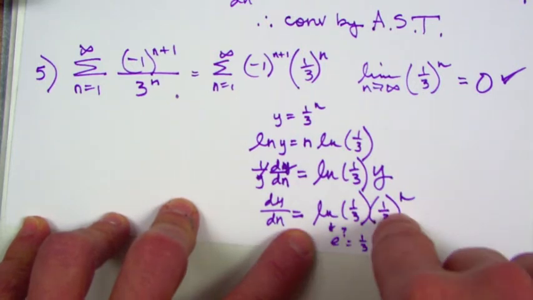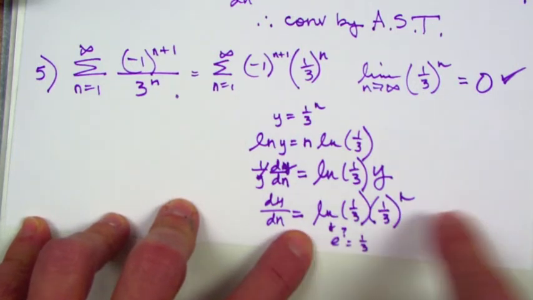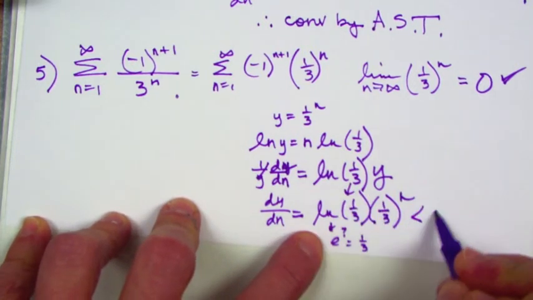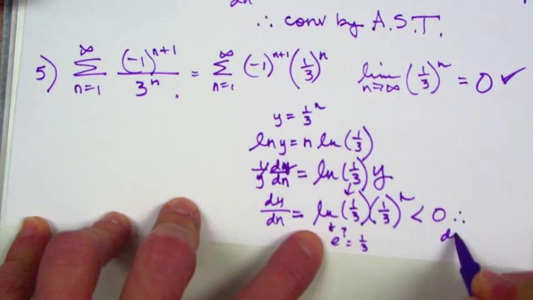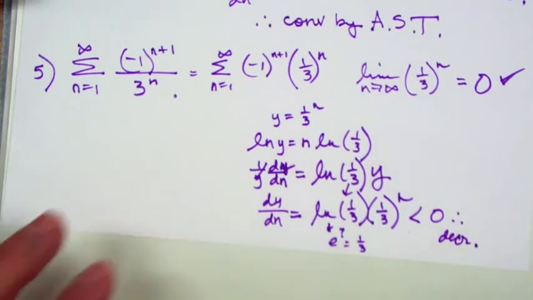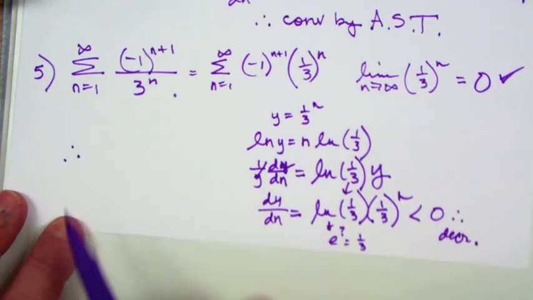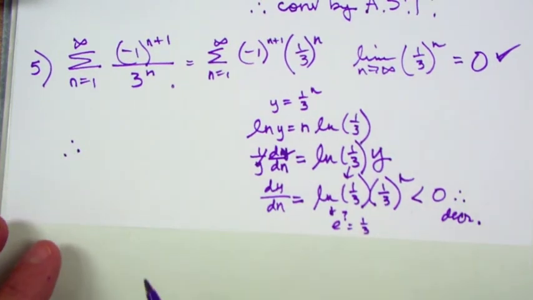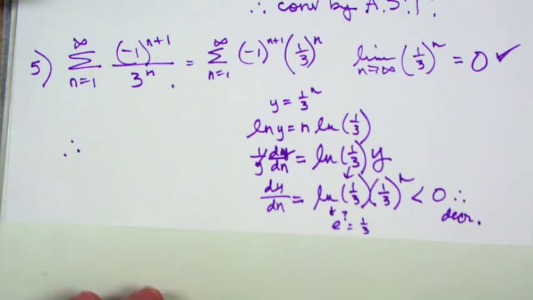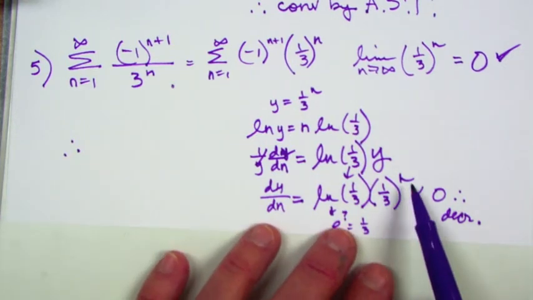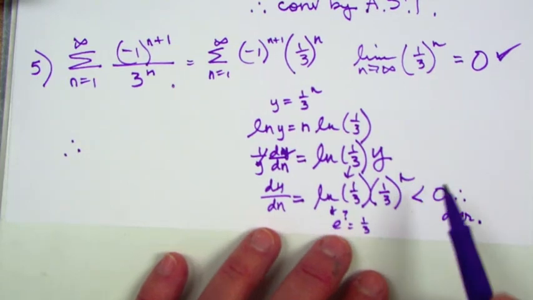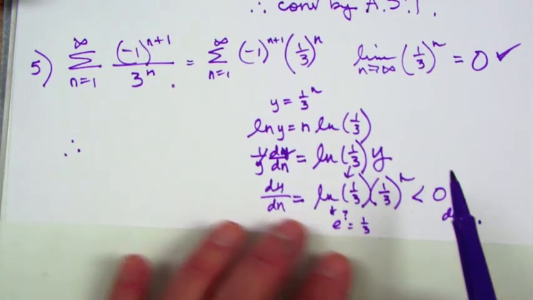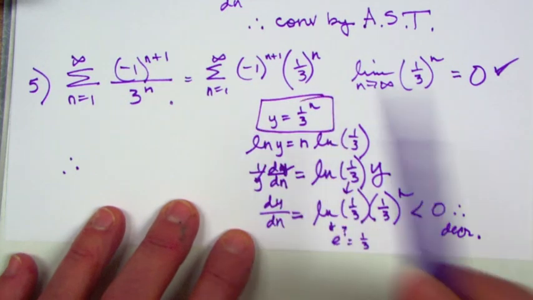What's your exponent there? Say again? What's your exponent in the ln of 1/3? The n. It's an n. Yes, that's an n, sorry. Why are there two 1/3s? I'm not following. Okay, we let y equal 1/3 to the n from the very beginning. Oh, okay, so we had to let y be that in order to even start the problem.